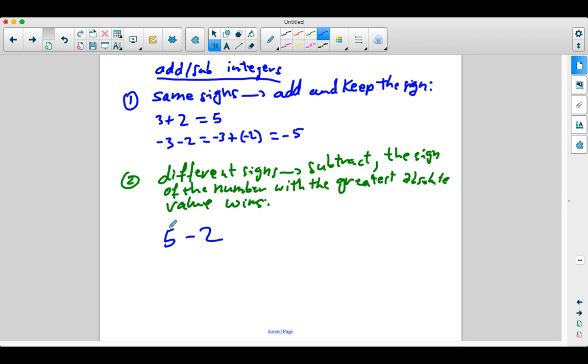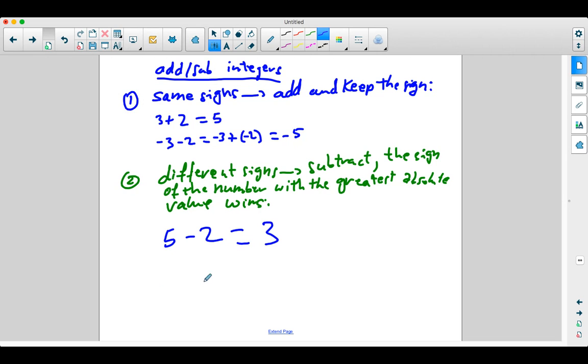Now, because the 5 as a number is more than 2 as a number, that means the answer would have the sign of this 5 right here, which is positive. So I'm going to subtract 5 minus 2, and I'm going to get 3. And it's positive 3 because I have more of the positive here.